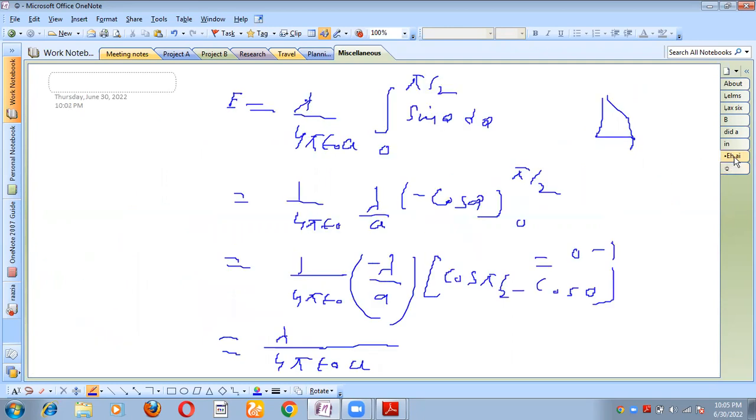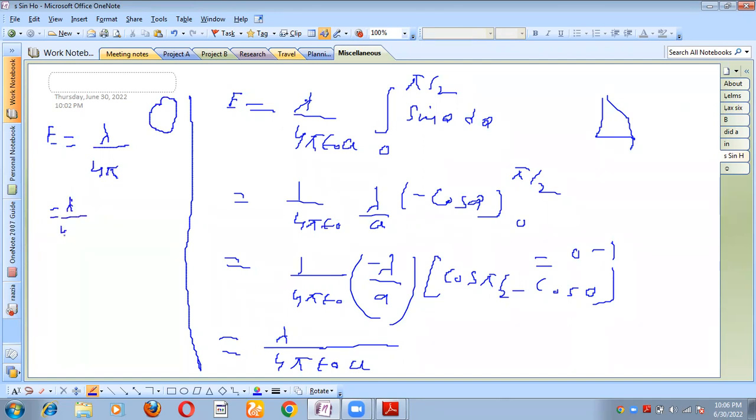Now coming to the full ring. Full ring is like this. E is again lambda by 4 pi epsilon naught A, sin theta d theta. Now if the ring is full, what is the range of theta?